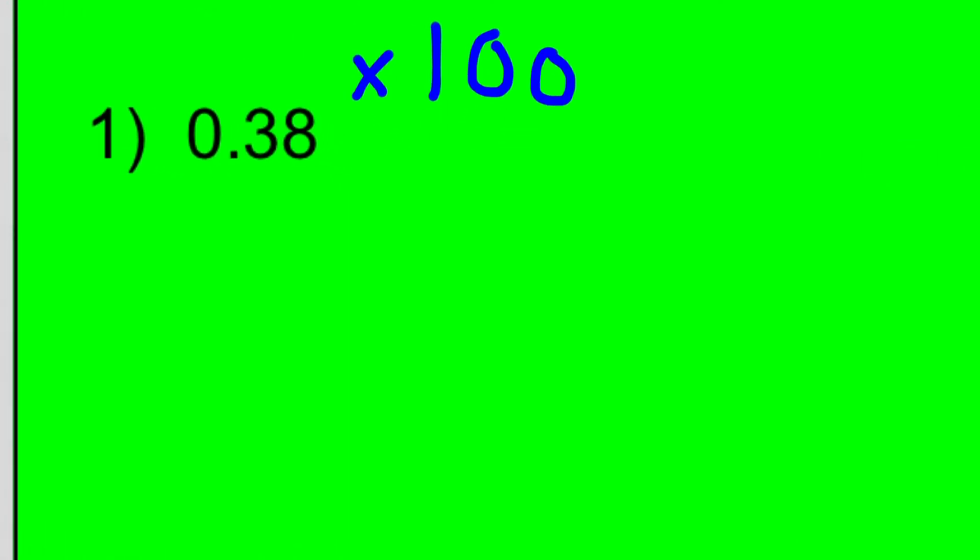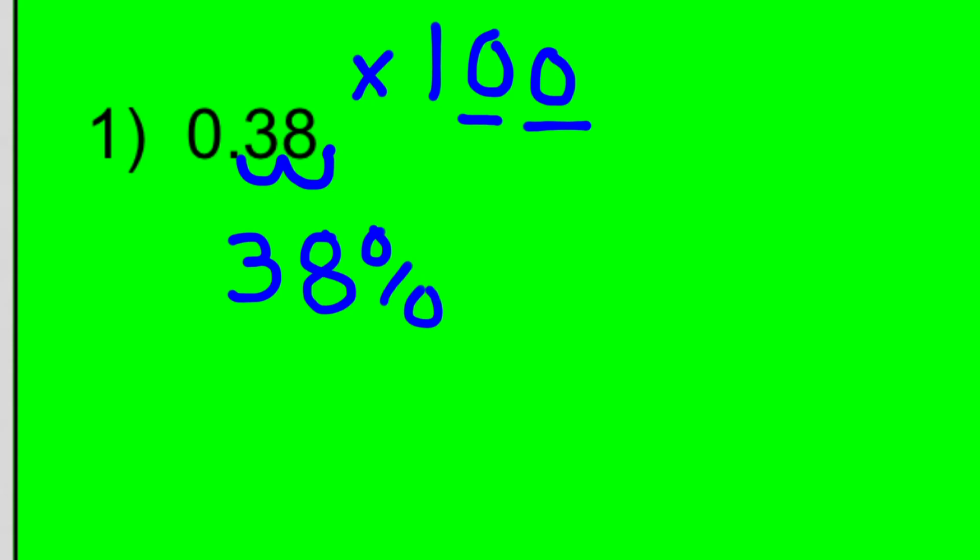I'll multiply that by 100. And I can use mental math for this. To multiply by 100, I shift the decimal. Since there's 2 zeros on 100, I shift the decimal 2 spots to the right. It ends up behind the 8. And I would say 0 and 38 hundredths is 38%.